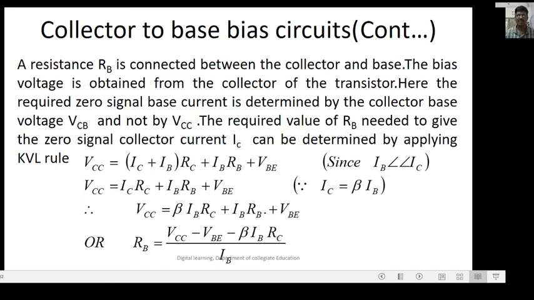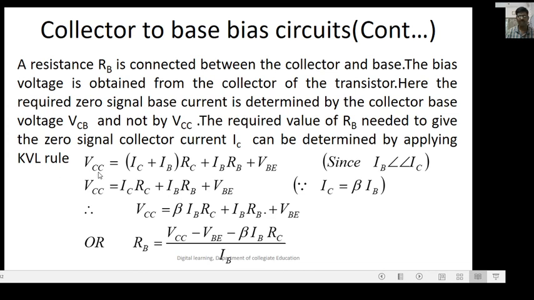Collector to base bias circuit, continued. A resistance RB is connected between the collector and base. The bias voltage is obtained from the collector of the transistor. Here the required zero signal base current is determined by the collector base voltage VCB and not by VCC. The required value of RB needed to give the zero signal collector current IC can be determined by applying Kirchhoff's voltage law.